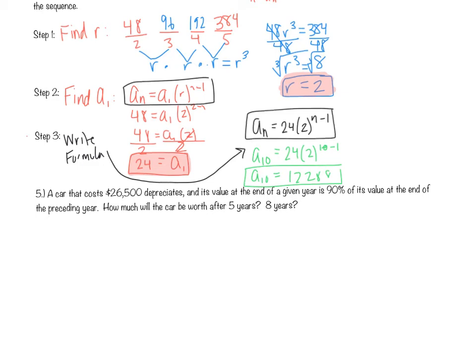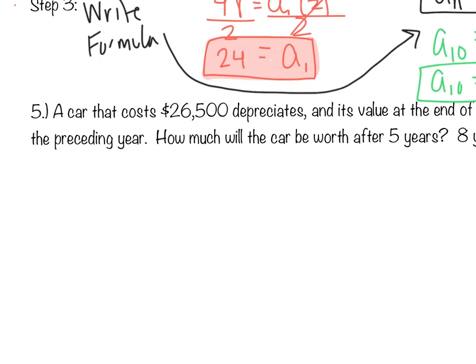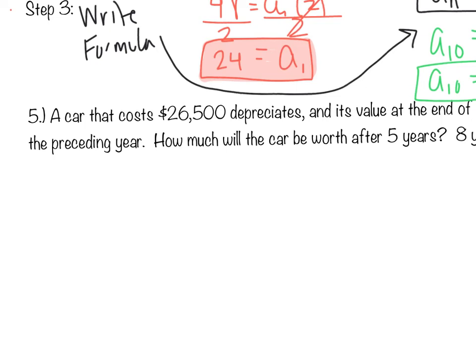Here it's giving us an interesting situation, because it says that the car is $26,500. The problem with that is people will often confuse that with a sub 1. The problem is a sub 1 means that that's the answer at the end of the first term.